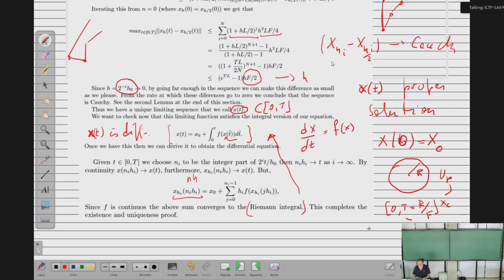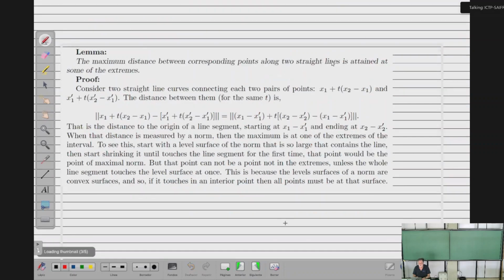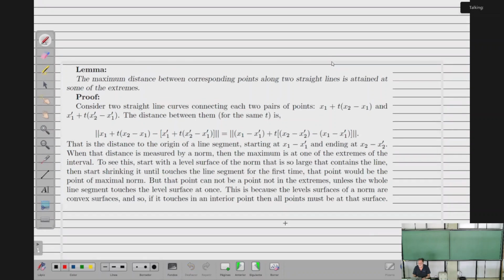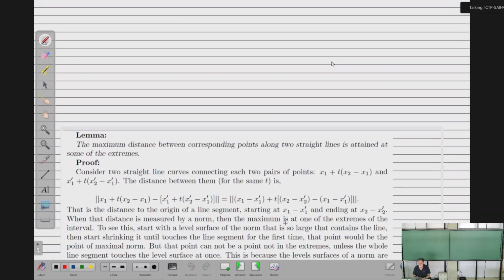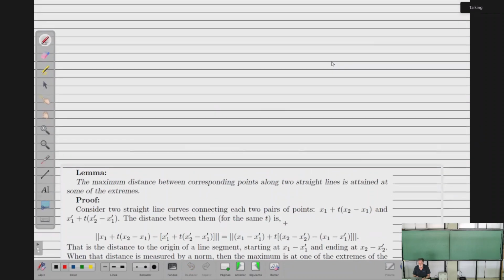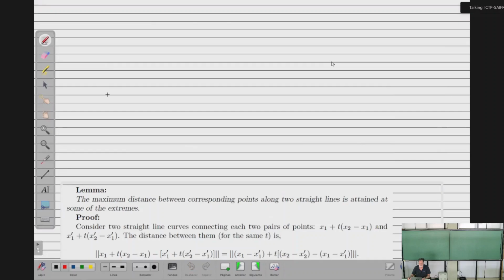And the thing I wanted to mention is that I cheated a bit, because what I said is, if I have this line here and this line here, that the maximum of the difference between these two lines is either here or here.